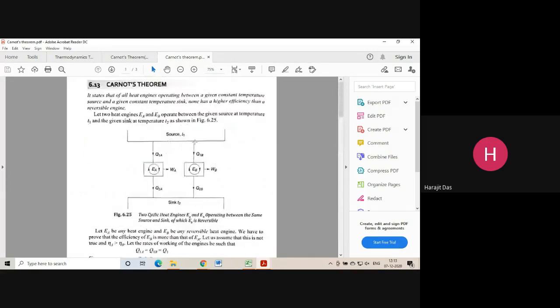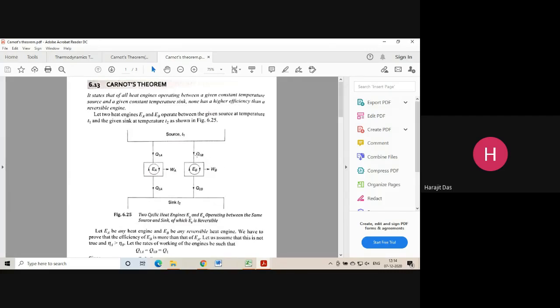Okay, so here one thing I want to say: this is the reversible engine. We have taken this example before also. When the reversible engine was producing some efficiency, the definition of efficiency is WB upon Q1B, isn't it? Output upon input; this is the input, this is the output.